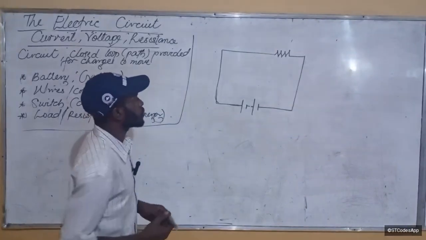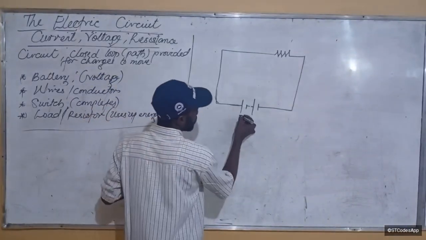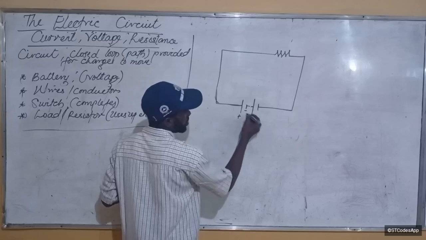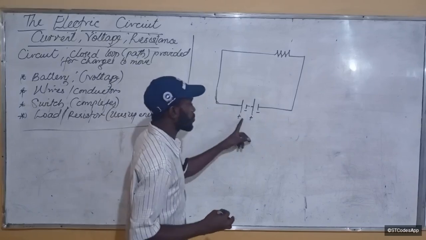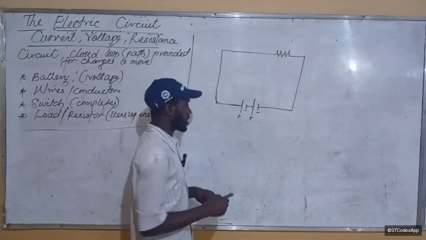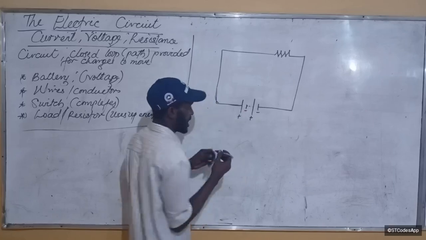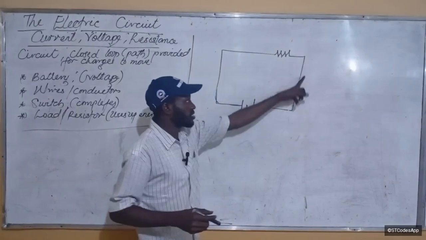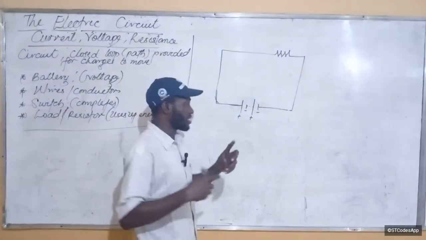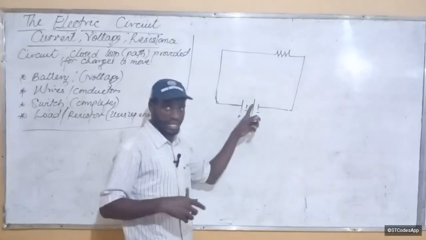This point is the positive end, this is the negative end, so we connect them positive to negative. We use the dotted line to show that they are connected end to end. The straight lines show the wires, so it's not wires that connect batteries together.